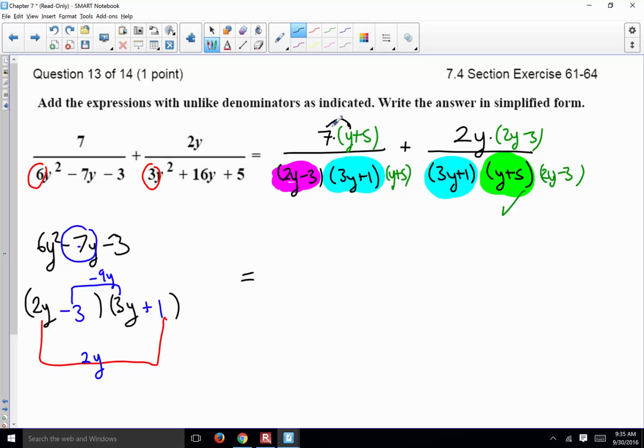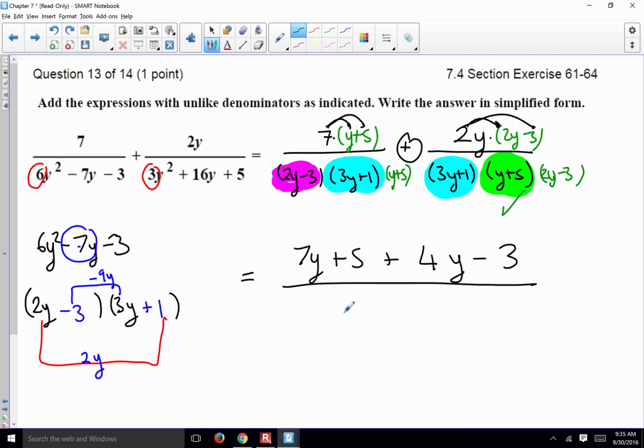First, I distribute this 7 and 2y and combine them with an addition. So it's 7y plus 5 plus 2y times 2y is 4y minus 3. I have 3 mistakes here, guys.